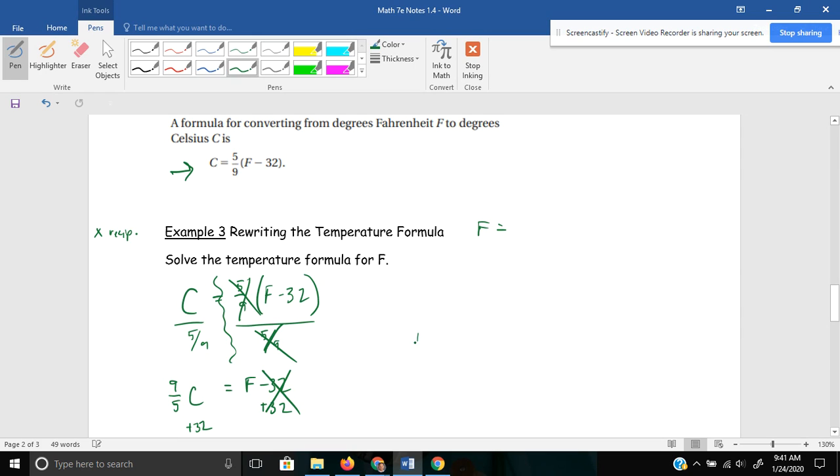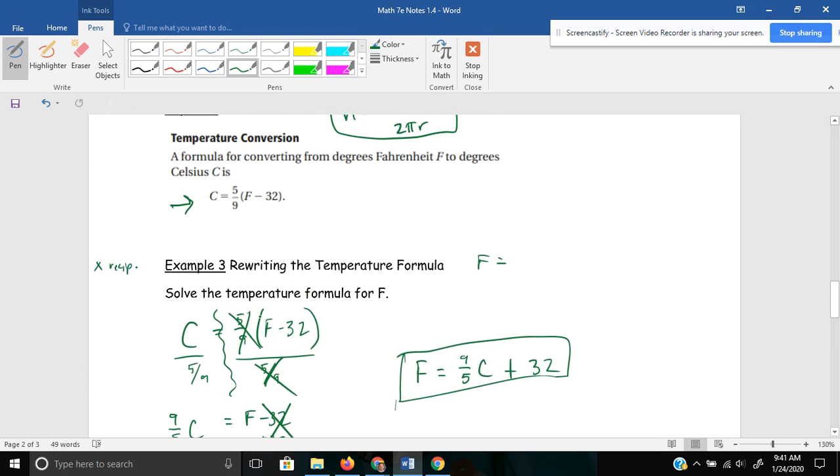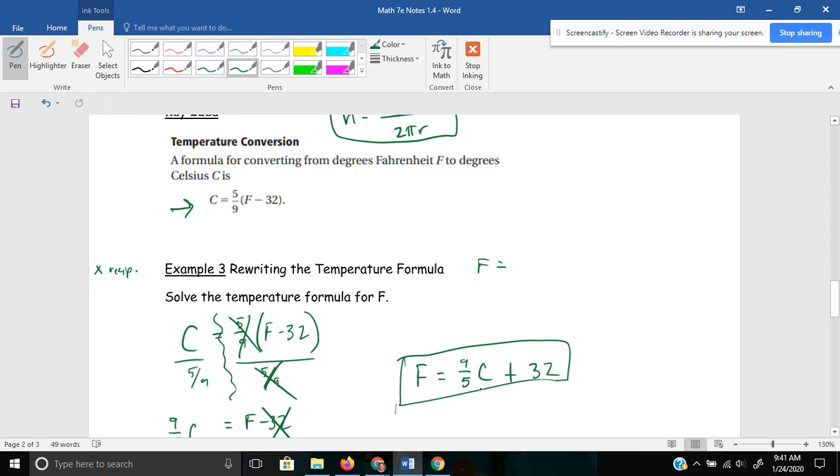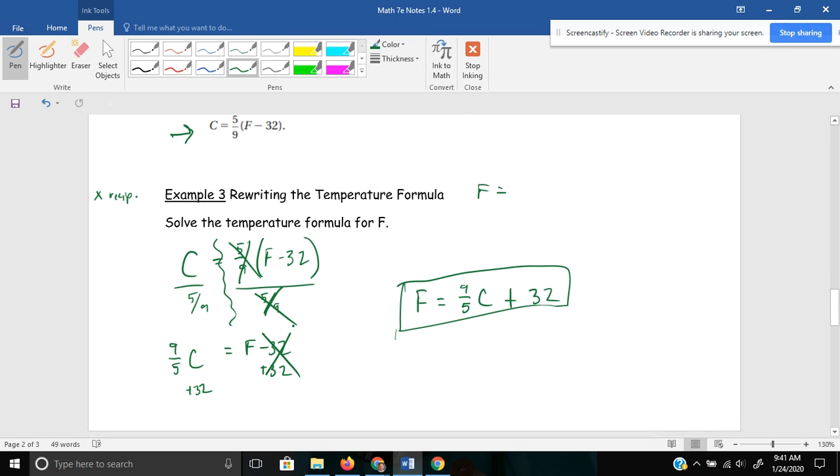This would cancel, and I'd be left with F is equal to 9/5 times Celsius plus 32 degrees. You could Google it and you would find that this is the conversion rate between Fahrenheit and Celsius, these two. And we just showed how we do that by a little bit of algebra.